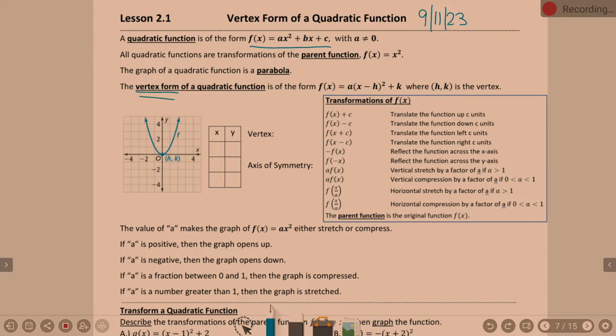So, vertex form of a quadratic function is f of x equals a times x minus h, quantity squared, plus k. And what's helpful about this form is h and k is the vertex. You see this nice little box chart. Does it look familiar? Yes.